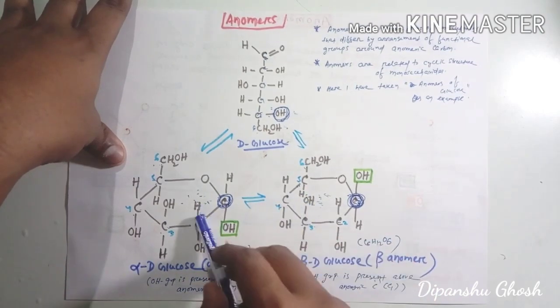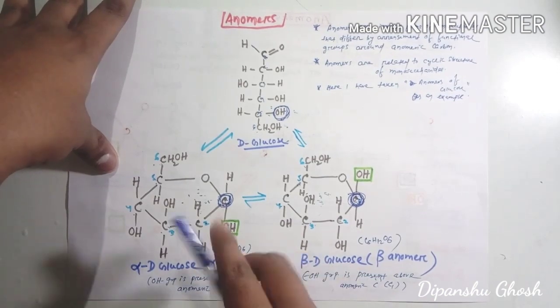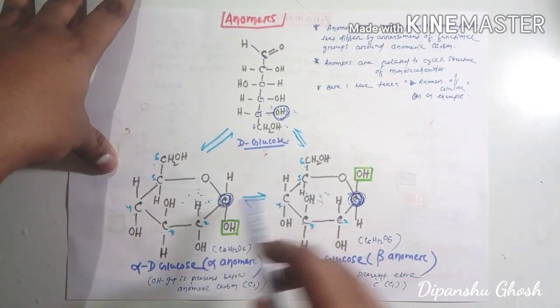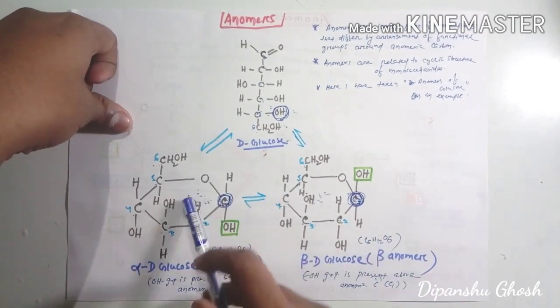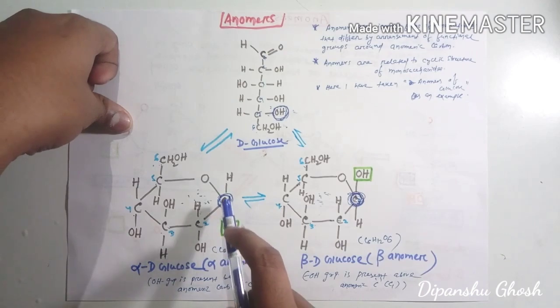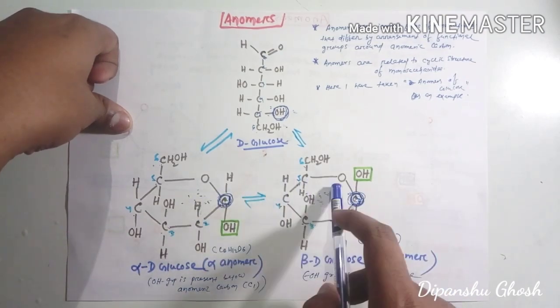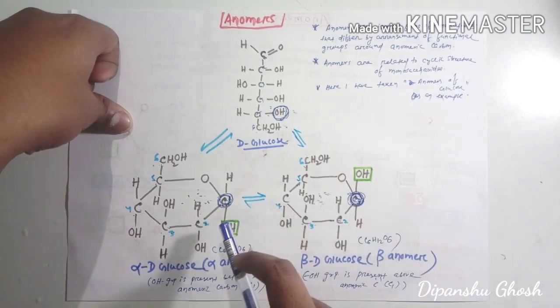Let's compare these two structures, right? If you observe these two structures in detail, you will find that they resemble each other, but they differ at the position of the anomeric carbon, with respect to the arrangement of this OH group.